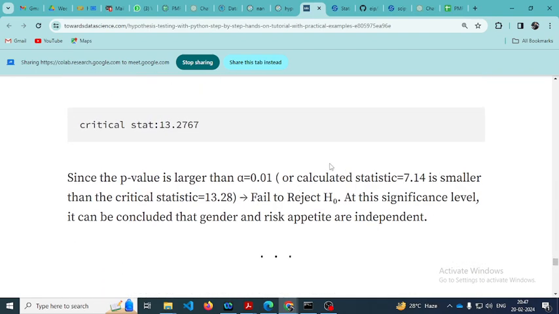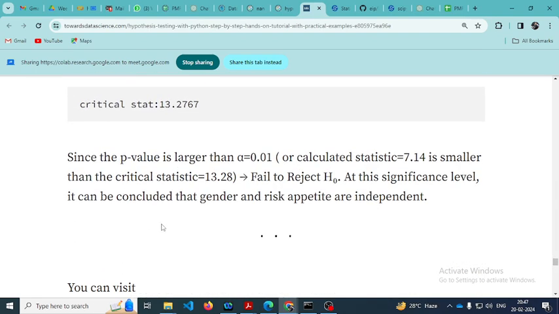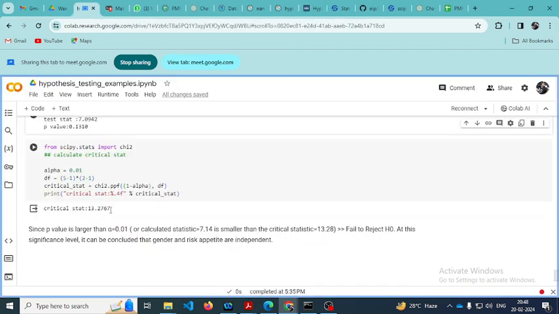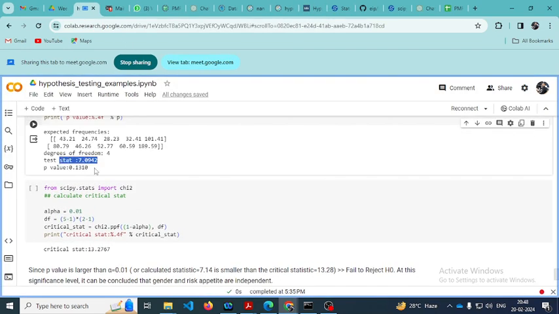From this, the conclusion is that the p-value we get is greater than the level of significance. After calculation, the p-value, 0.13, is more than 0.01.